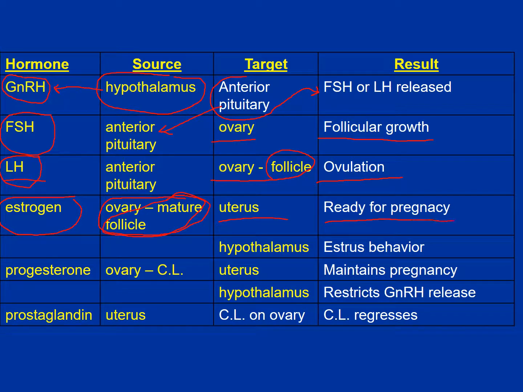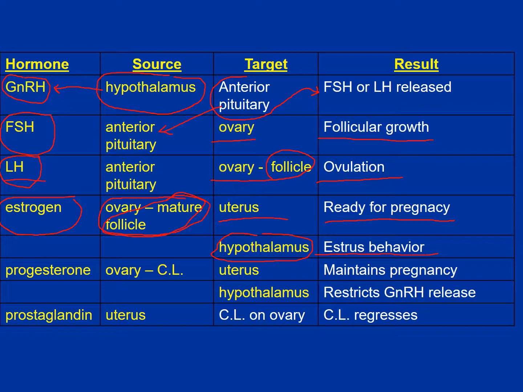It gets the uterus ready for pregnancy by increasing the blood flow to the uterus and increasing the thickness of the uterine lining. The second target of estrogen is the hypothalamus. Under the influence of high estrogen level, it will cause the animal to exhibit estrus behavior. And this estrus behavior is going to be attractive to the male and cause the female to be receptive to the male's advances.